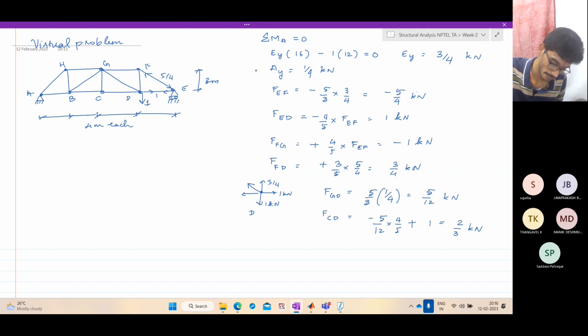So we got FFG is minus 1, this is again tensile. FCD is 2 by 3. FDG is 5 by 12 tensile.